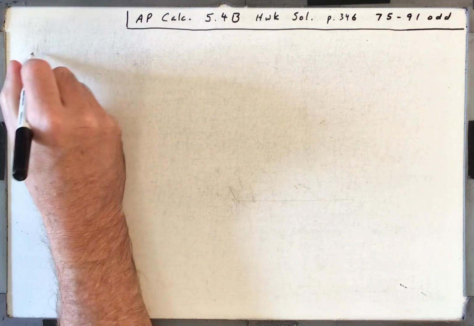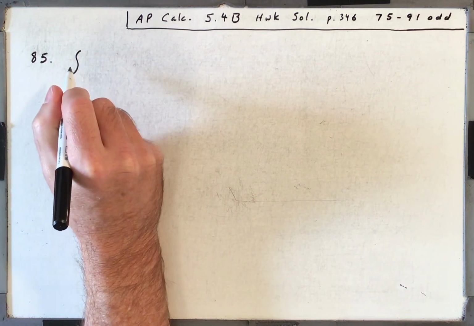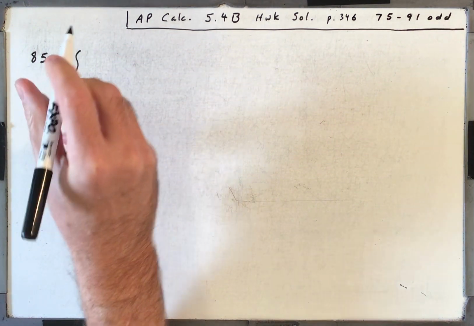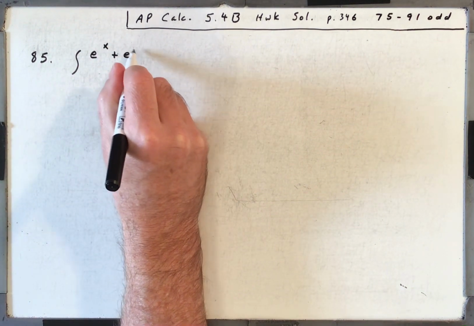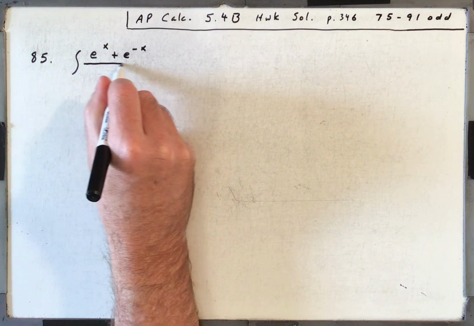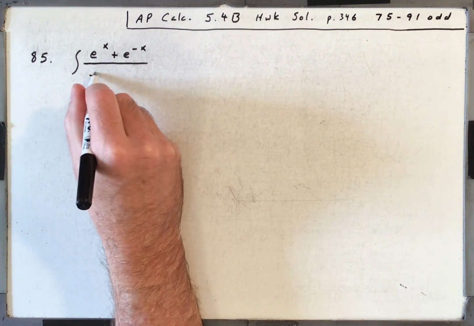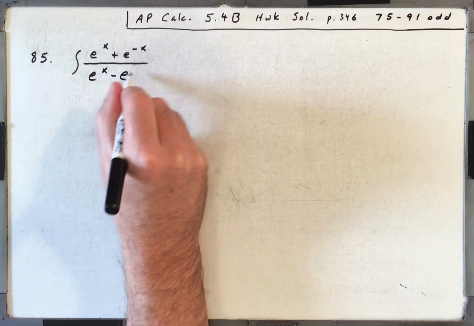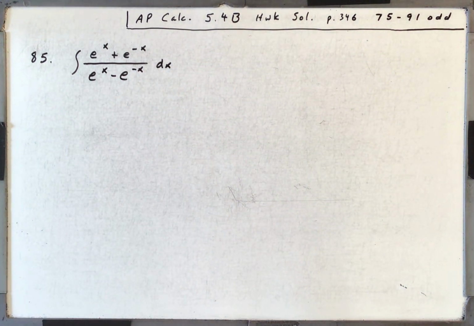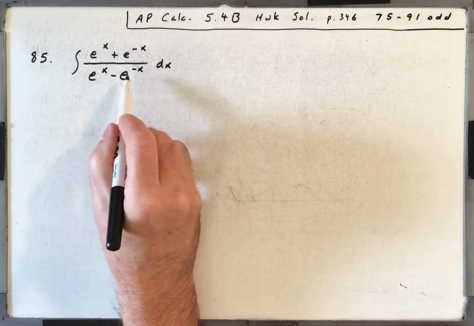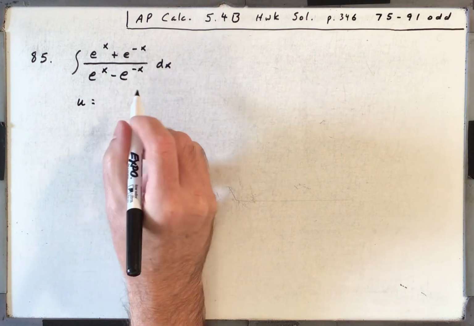Okay, 85. So 85, we have e to the x plus e to the minus x over e to the x minus e to the minus x. So again, you want to pick u to be in the denominator, because that'll put du in the numerator.